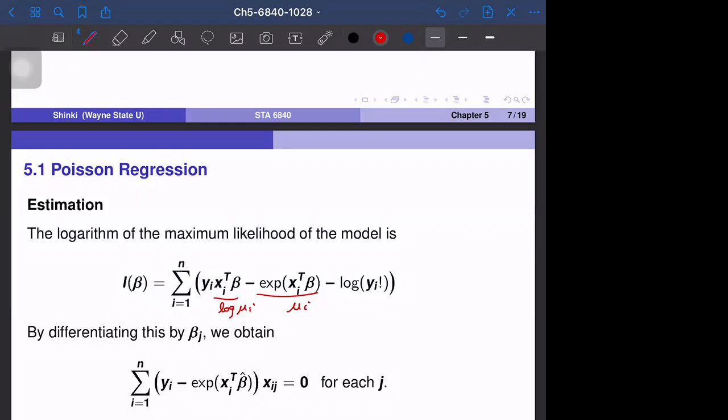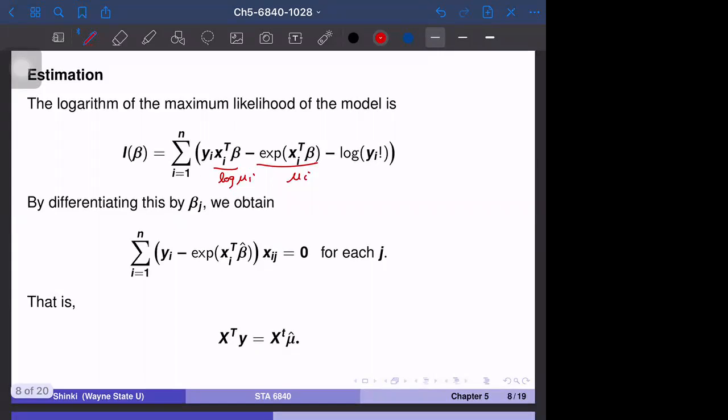To get the estimate for beta, we have to maximize this function. So we differentiate this with respect to each beta j. Beta is a parameter vector, so for each element of the parameter vector, we differentiate L of beta by that parameter.